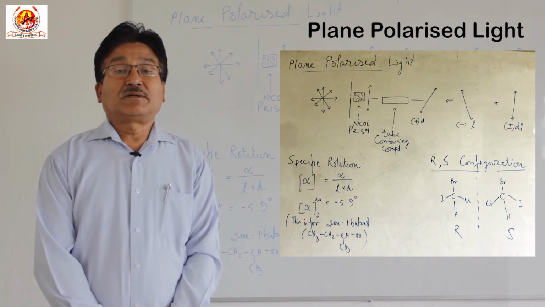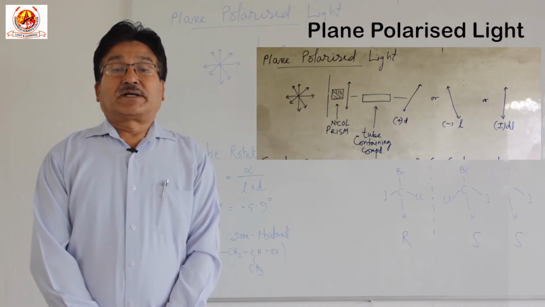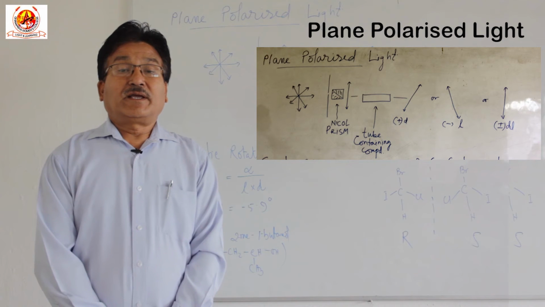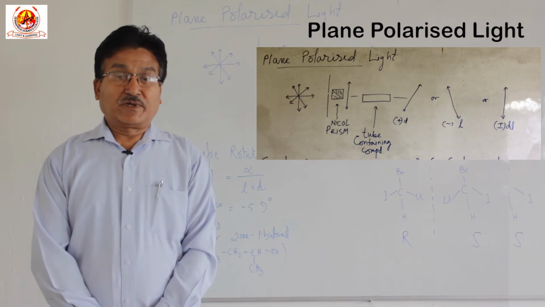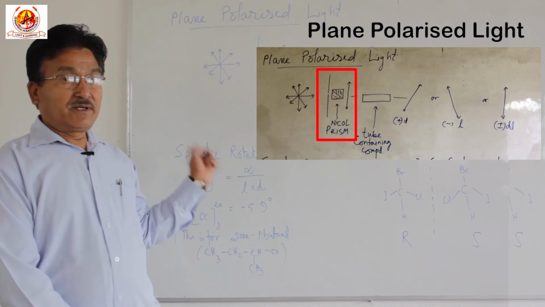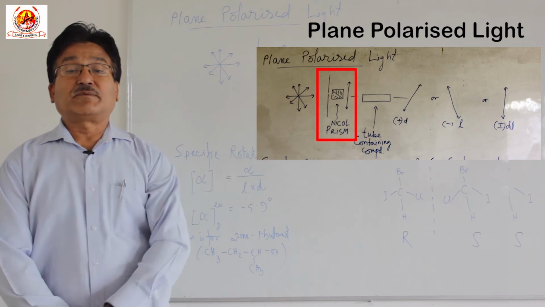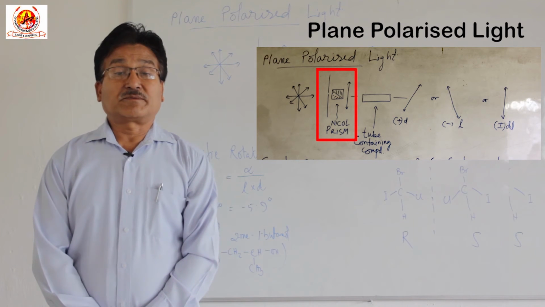This is a compound from the particular crystalline form of calcium carbonate, so arranged as to constitute what is called a Nicol prism. Here it is, I write only the Nicol prism. It is made of a particular crystalline form of calcium carbonate.